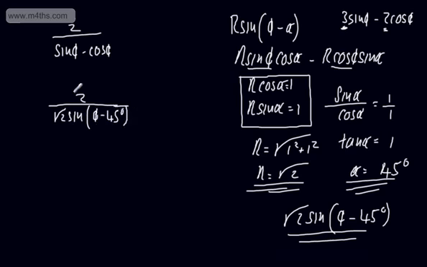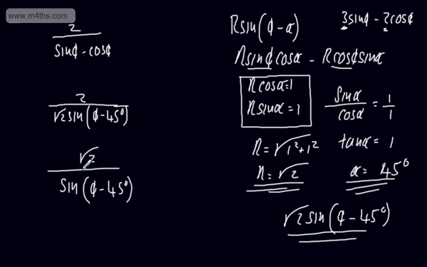At this stage, I'm just going to rationalise it. Multiplying the top and bottom by root 2, that's going to give me 2 root 2 over 2. So we've got now root 2 over the sine of theta minus 45 degrees. Now you might recognise this as a particular identity that we could use.